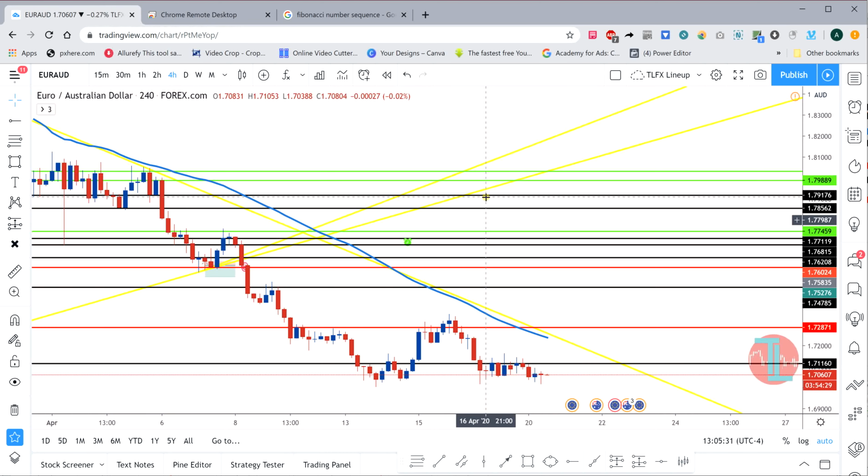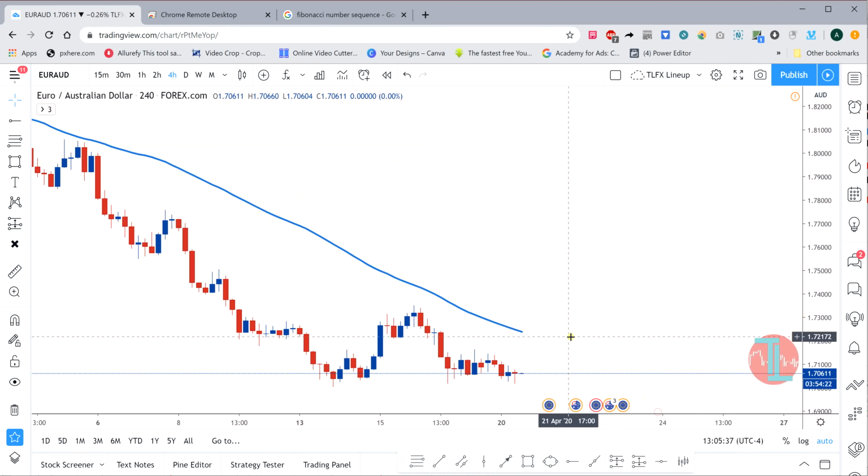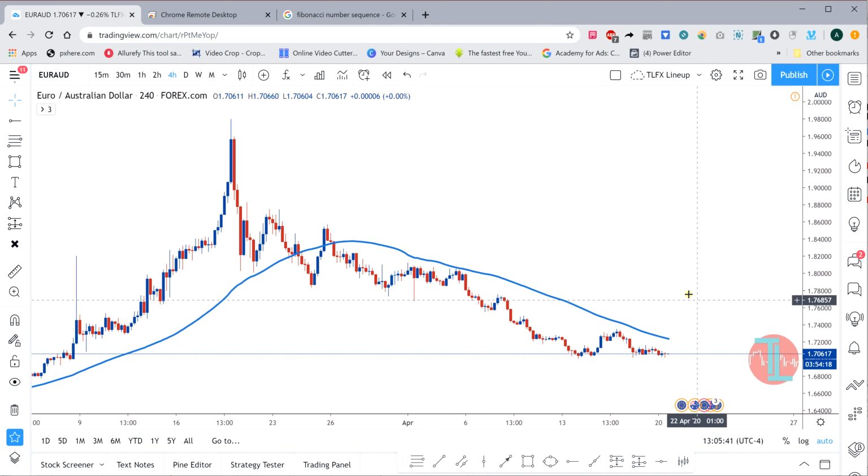Here's the Euro Aussie. We're on a downtrend on this Euro Aussie. Oh, that's nice. All right, so we're going to go ahead and remove all the drawings. Okay, let's look at what we have.